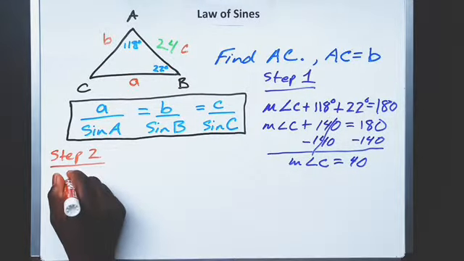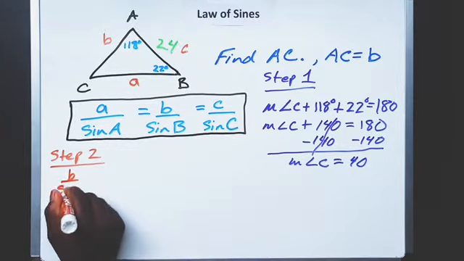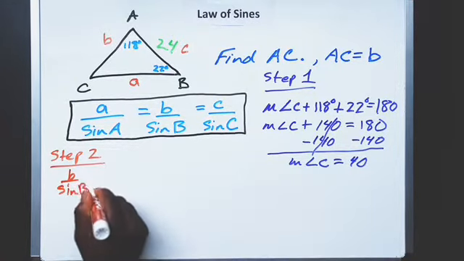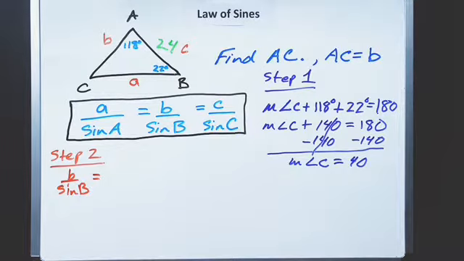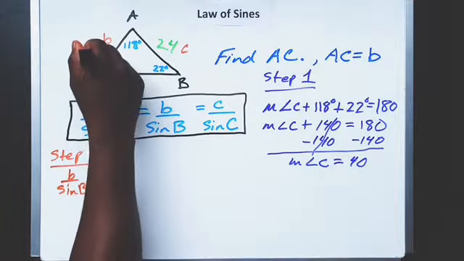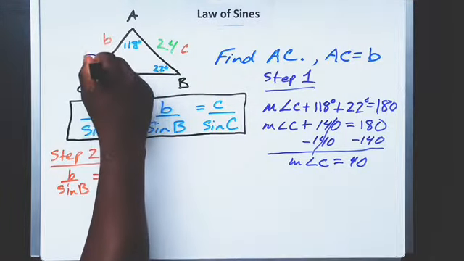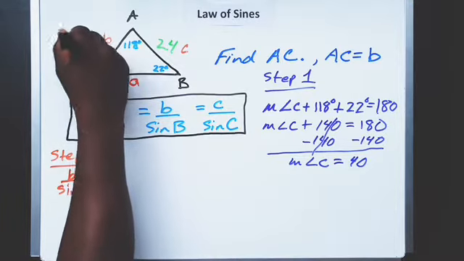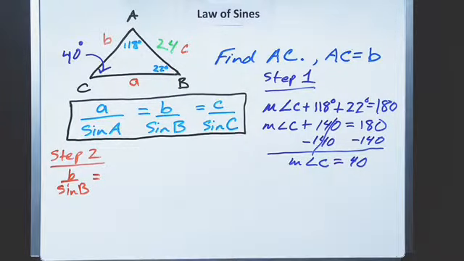So we begin with b over sine capital B equals. Now, before I go any further, we know that the measure of angle C is 40 degrees. I'm going to go ahead and put that in there with an arrow. We know that angle is 40 degrees. So that's going to be helpful.